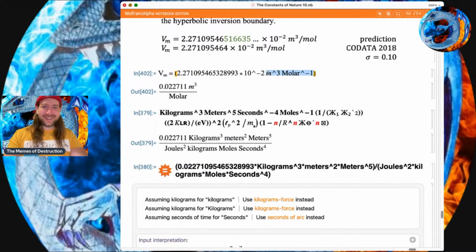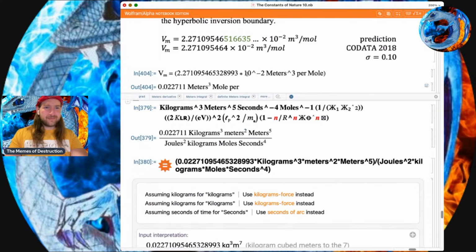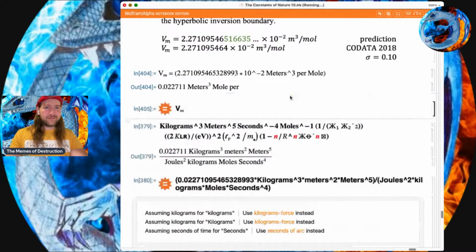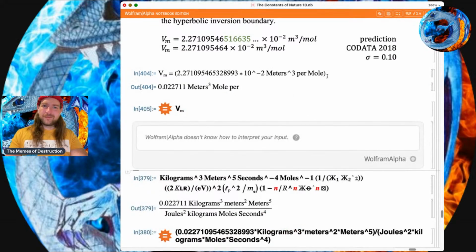Meters per mole. How about this? Meters cubed per mole. Molar volume?